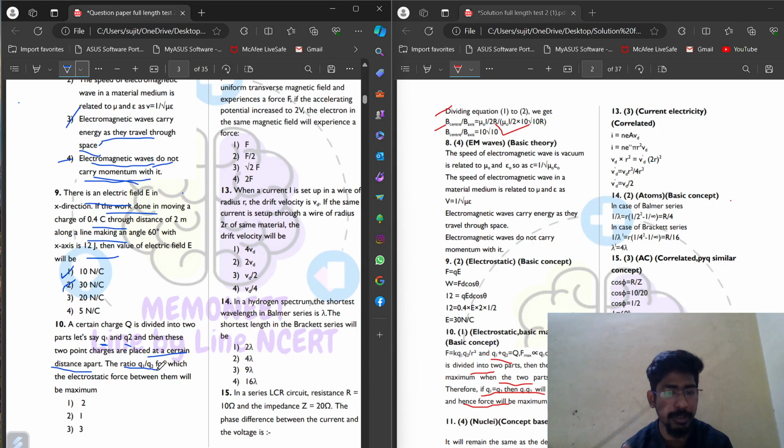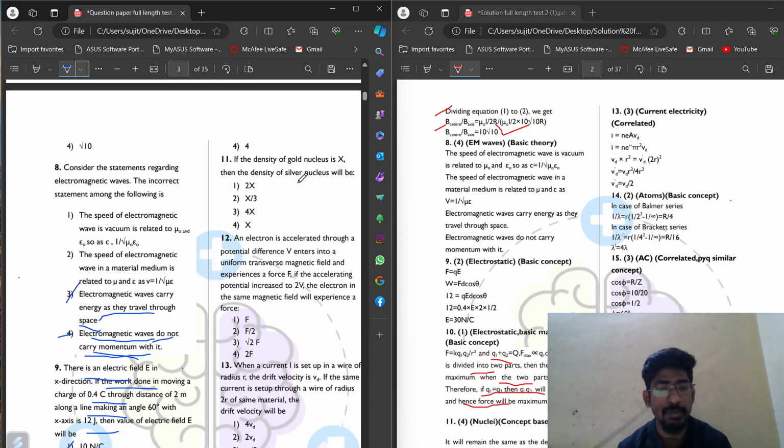The value of F max will be equal to q1 square, q2 square. If one is greater than the other, the multiplication of the two will not be greater than when we multiply equal parts. So the answer is 1, as these two are equal, the ratio will be 1.